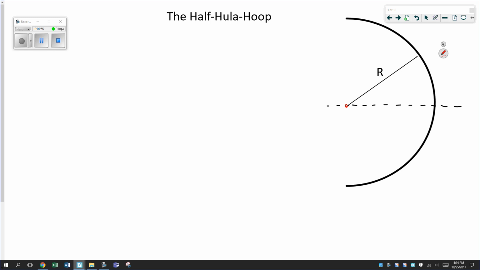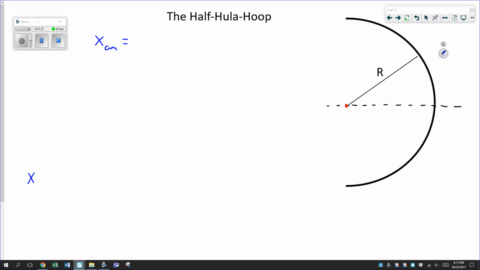Well, what's our approach? Our approach is to say, where is the x-coordinate of the center of mass? Well, by definition, if we're not talking about a discrete set of point masses, what we have to do is look at every little part, multiply by its position relative to our chosen origin, and then divide by the whole mass.